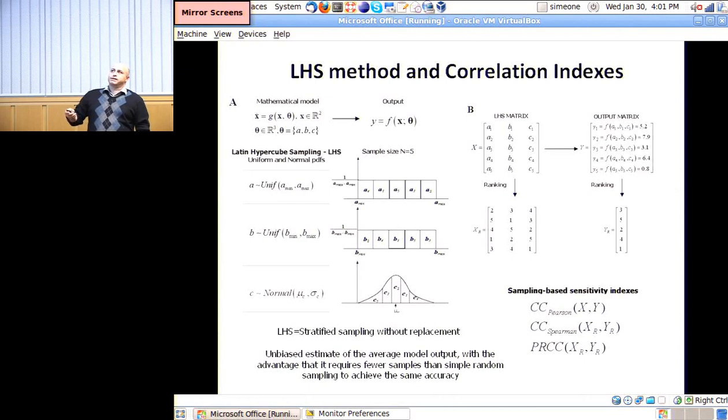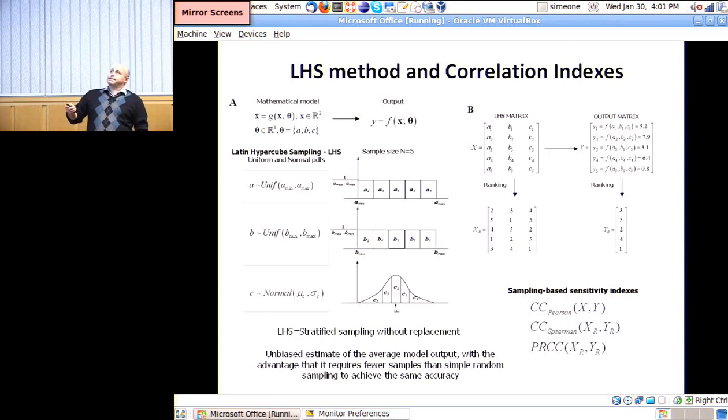When we start to sample, we pick a value in a sub-interval, for example the first one, A1. Once we pick a value there, that sub-interval is eliminated from the sampling scheme, and so on. Once we define all these values for parameter A, we go on to the next one for parameters B and C. The main hypothesis is that the sampling of these parameters is independent from each other.